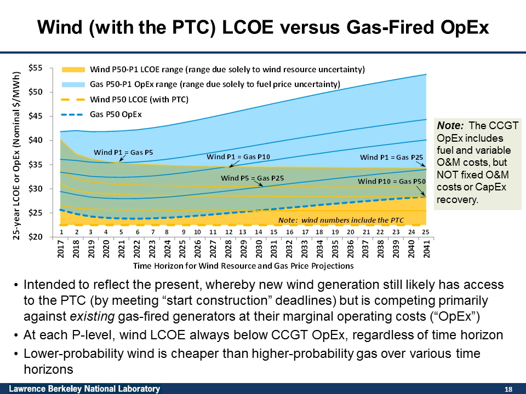And you can see that at every P level, wind is cheaper than gas-fired OPEX over every time horizon. And as noted on the graph, there are also multiple instances of lower probability wind being cheaper than higher probability gas.